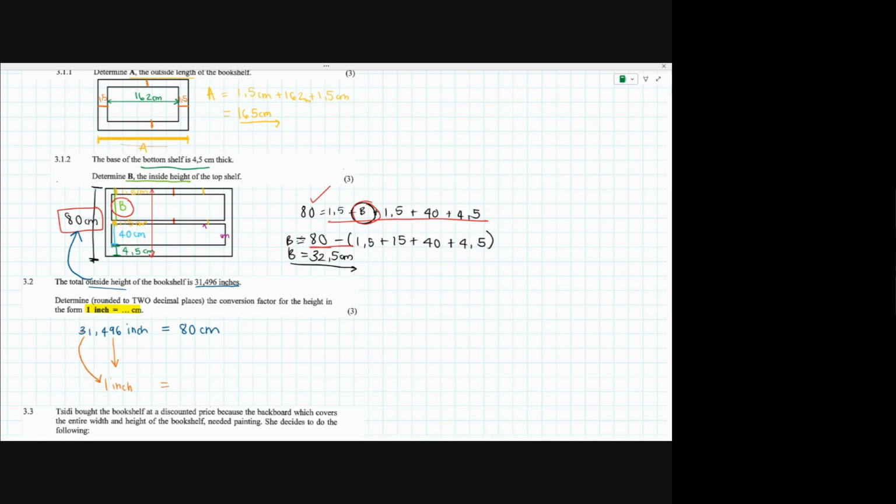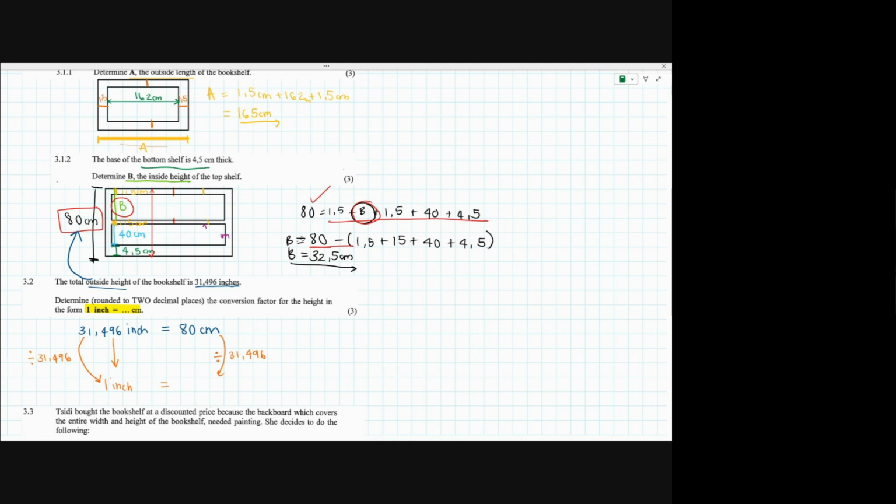Now, if we say 31,496 divided by 31,496, if you divide the same value by itself, you get 1. That's going to give me 1 inch. But I need to remember that I've divided by 31,496 on the left, so I have to do the same thing on the right-hand side. And this will give me my conversion factor.